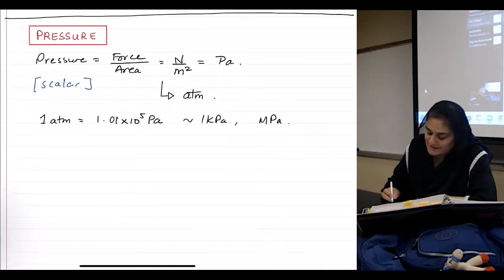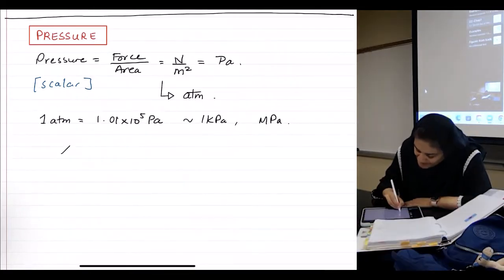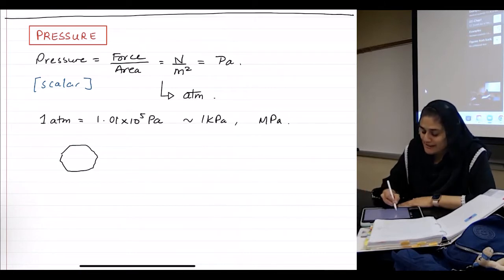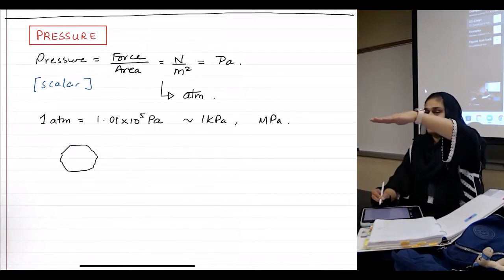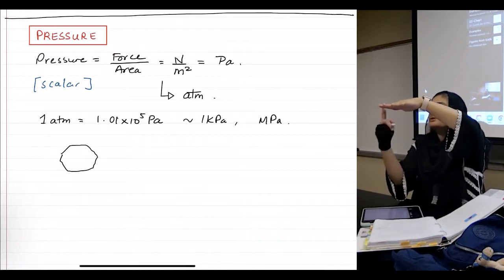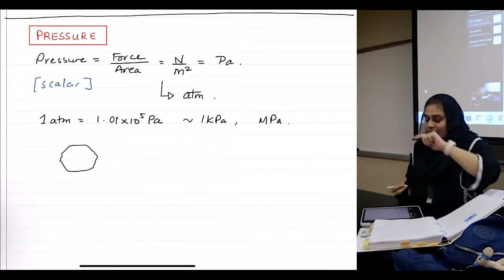Another thing that you will see in the book is a picture like this. As long as this is sitting like this in water, what's the pressure on every side? Equal. Okay?